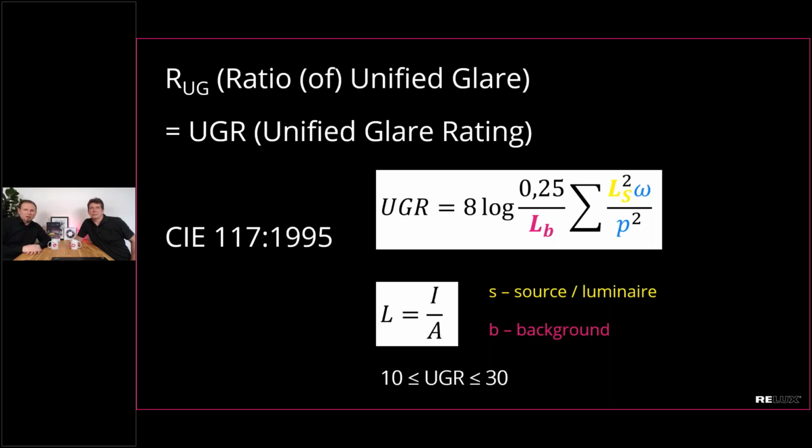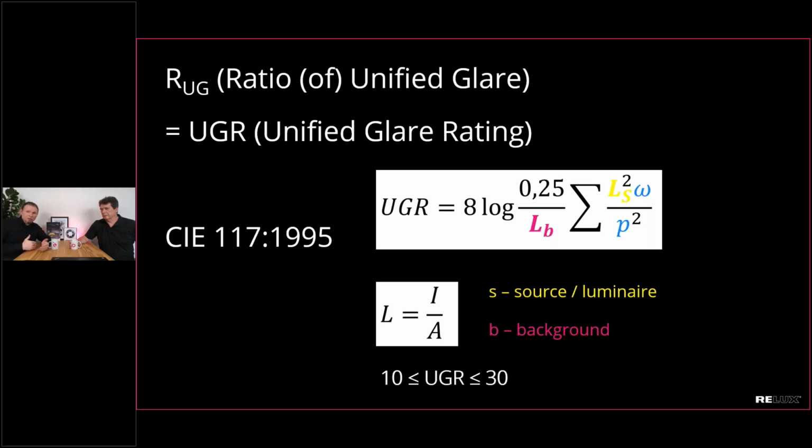Of course, the manufacturer can control it, but you can choose a luminaire with a bigger output area, then you have less glare impact. And also important to understand is the background. If you have a bright white room, or some wall washers in the room, so a high background, then of course you have less glare from the luminaires, because you have less contrast to the luminaires. And vice versa.